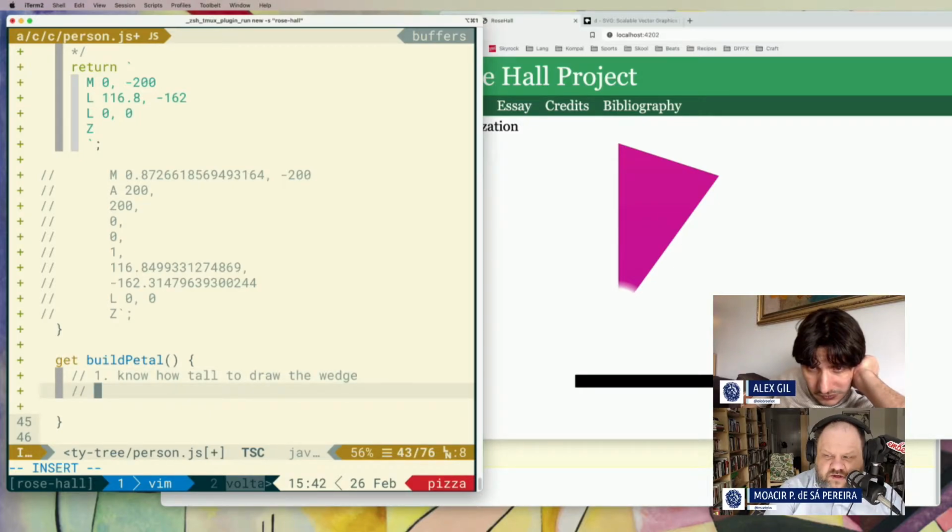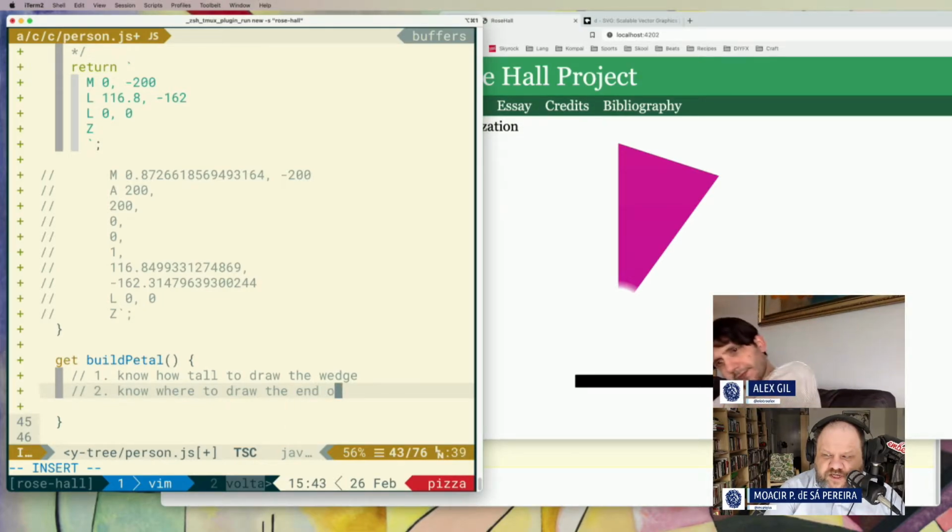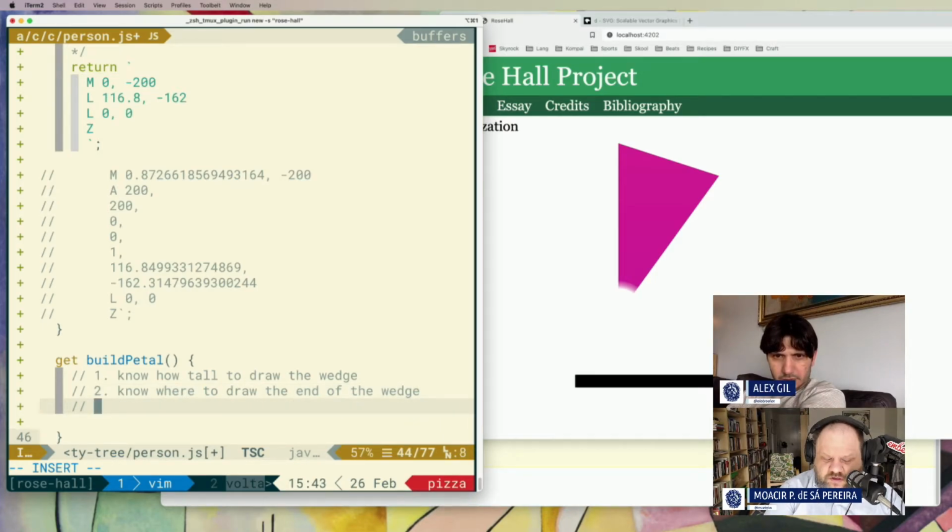Then know where to draw the end of the wedge. Then return to center. Then close shape. Right?